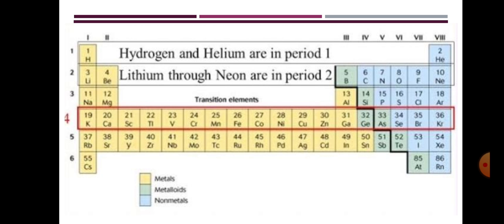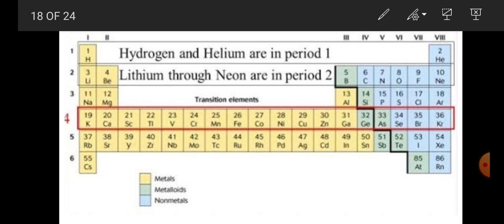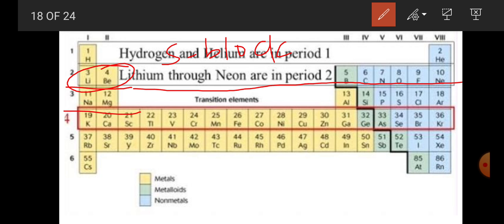Now you can see on your screen that the second and third period consist of the 8 elements, where 2 are the S block and the remaining 6 are the P block elements.